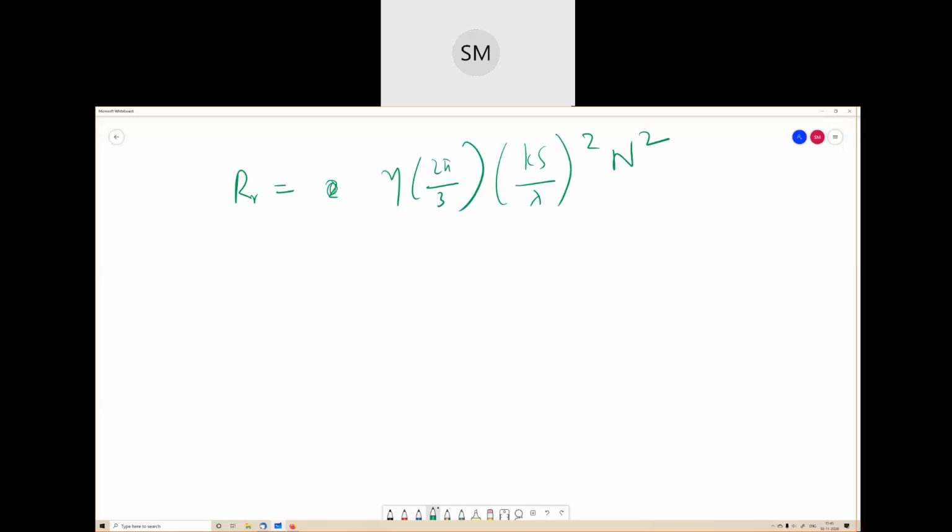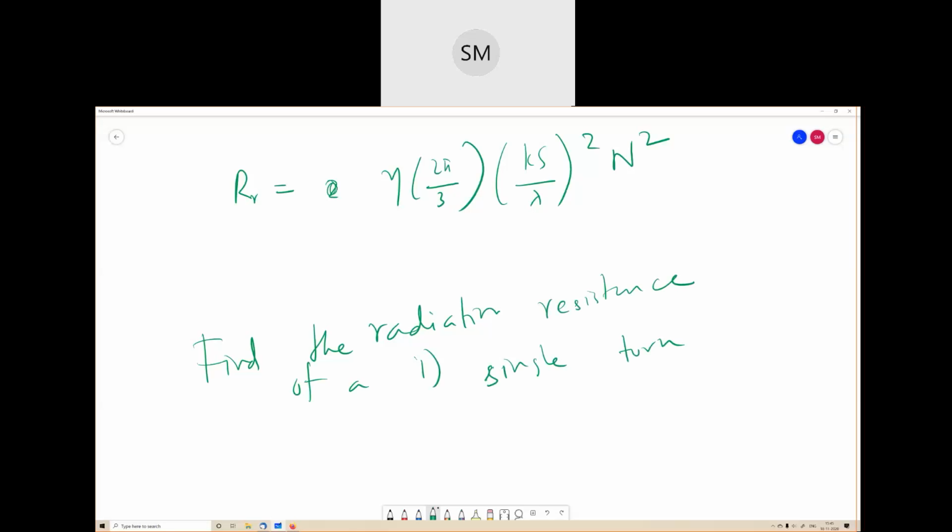The question is: find the radiation resistance of a single turn, 8 turn loop antenna.